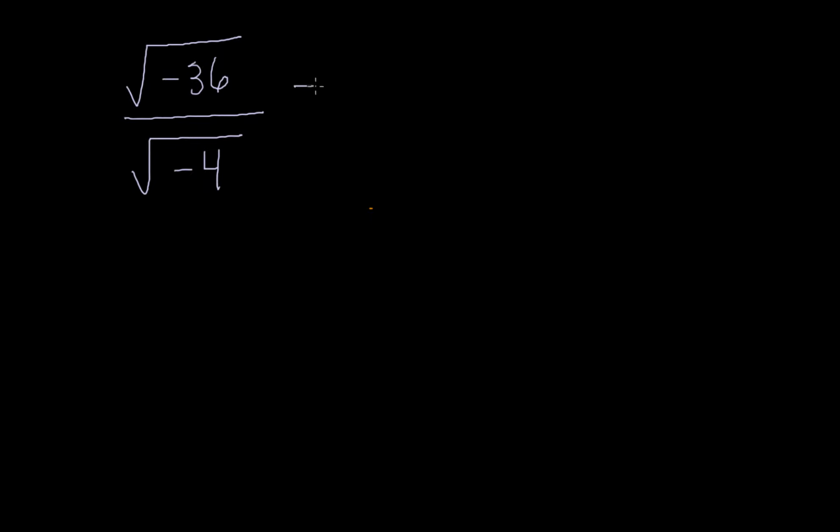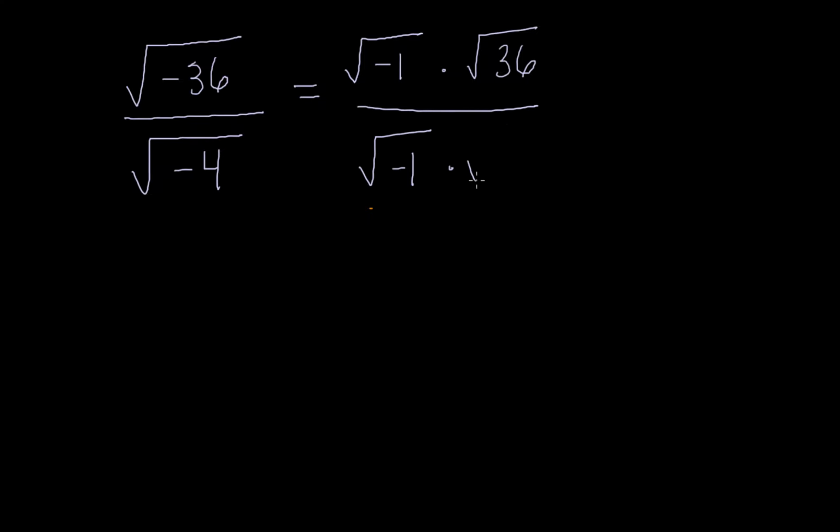So you know that the square root of negative 36 is the square root of negative 1 times the square root of 36, divided by the square root of negative 1 times the square root of 4. And we know that the square root of negative 1 is i. The square root of 36 is 6. So we have 6i divided by 2i.